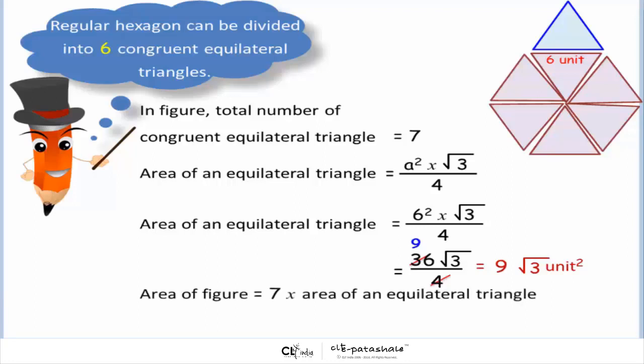So the area of the figure is equal to 7 multiplied by area of an equilateral triangle, which is equal to 7 multiplied by 9 multiplied by square root of 3, or 63 multiplied by square root of 3 square units.